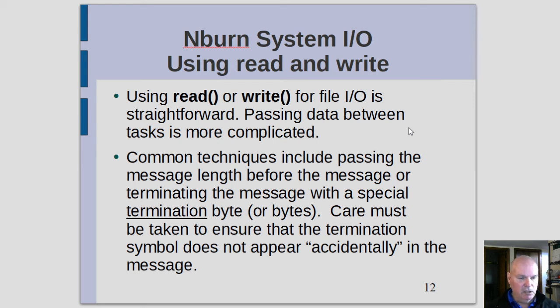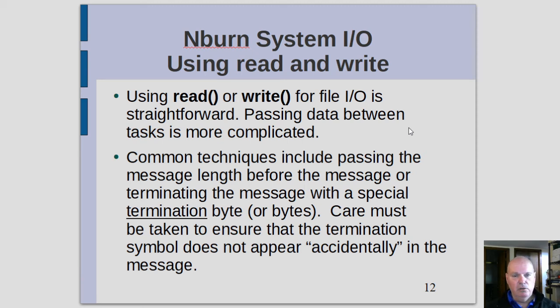So the reading task immediately knows that it's going to read first an int, and then it would read that int value in. That would be the integer 200, and then it would continue to call read until it's read the next 200 bytes into an array somewhere. And then after it's read the 200 bytes, it'll prepare to read the next integer, which would then be the length of the next message.